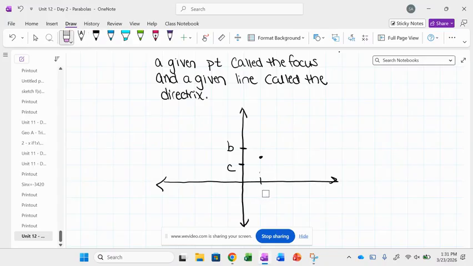Oops, sorry, A's in the wrong spot. Let's fix that. Because I don't want it to be so small.